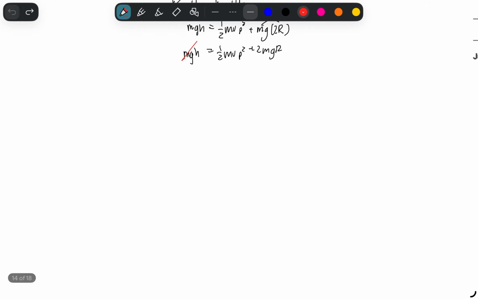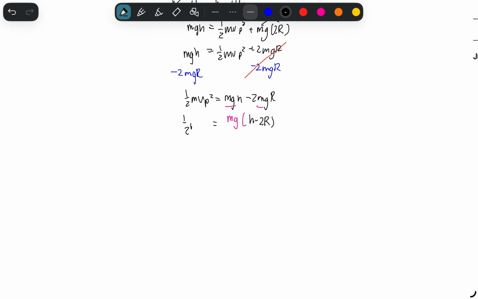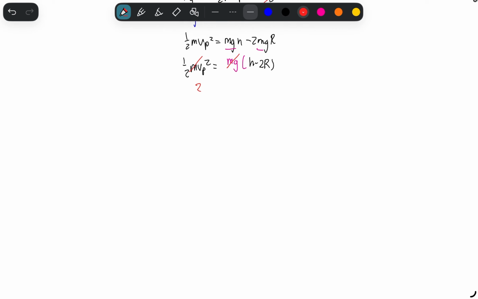Actually, what we can do before that, let's subtract 2mgr from both sides so we can factor. So now we're going to have to multiply both sides by 2 as well.